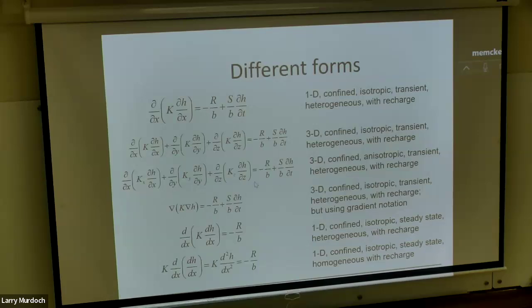If it doesn't change in time, then we don't need this term. And so setting up the problem, one of the things that we'll do is take a look at what the hydrologic conditions are, and that'll allow us to determine the form of the equation that we need.